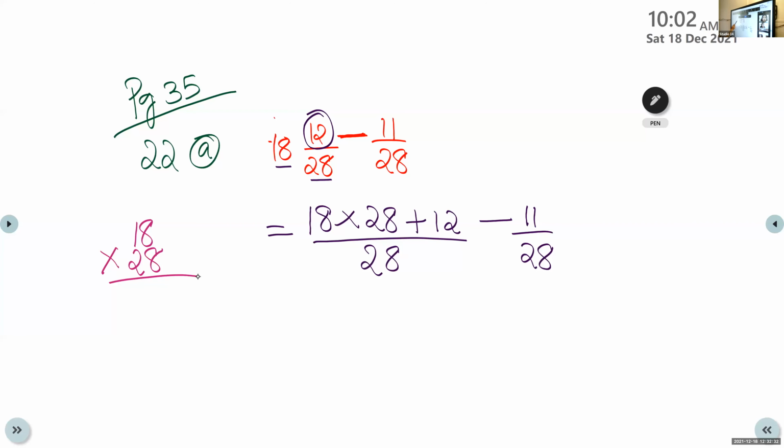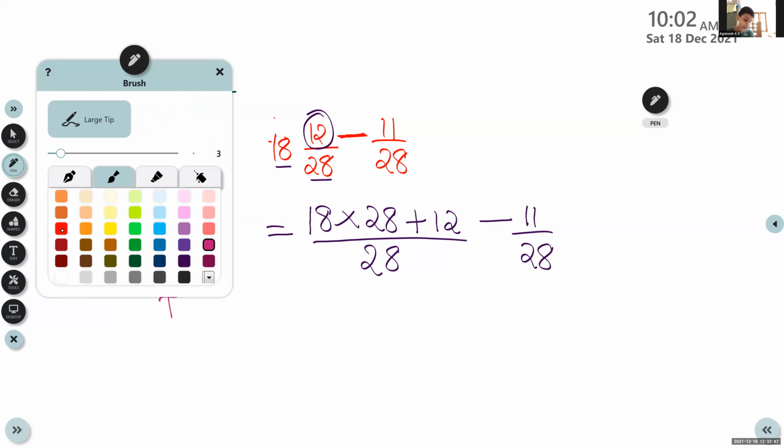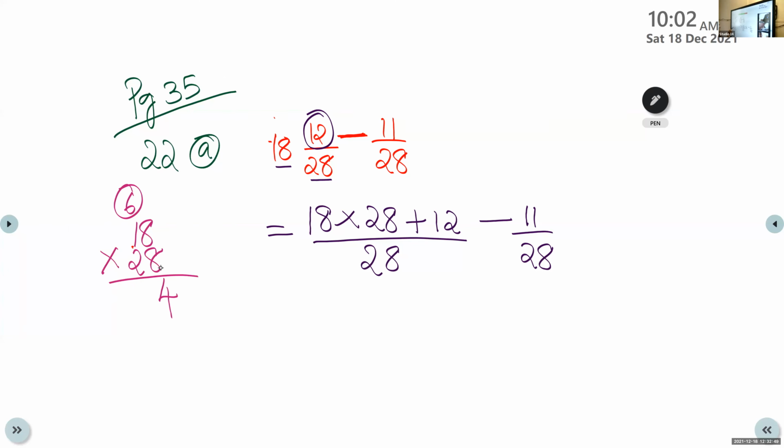Okay, so children, we have to multiply 18 into 28. What is 8 times 8? Ma'am, 64. 4 here, 6 will be carryover. Then what do you have to do? You have to multiply 1 into 8. 1 into 8 is 8 plus 6, 14.